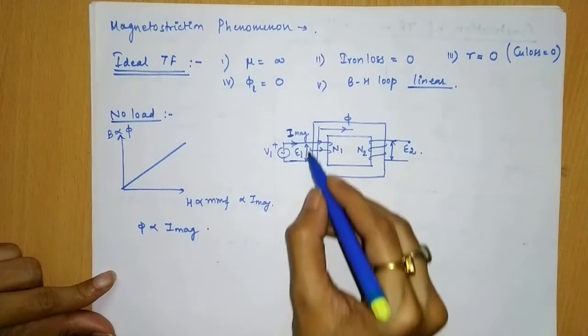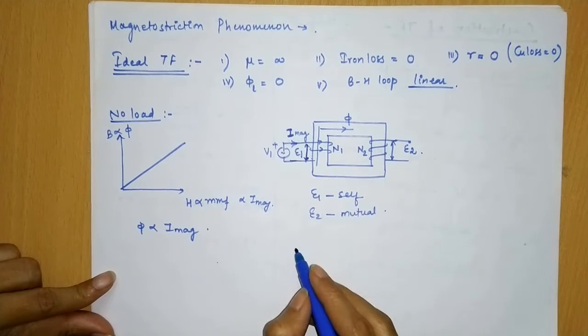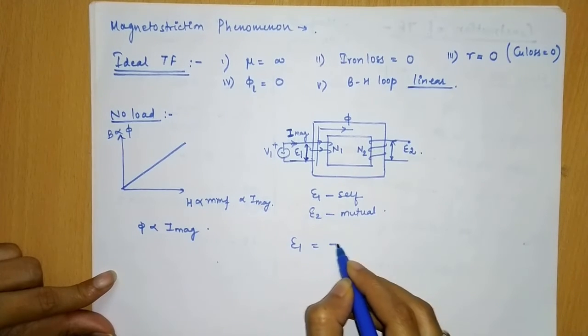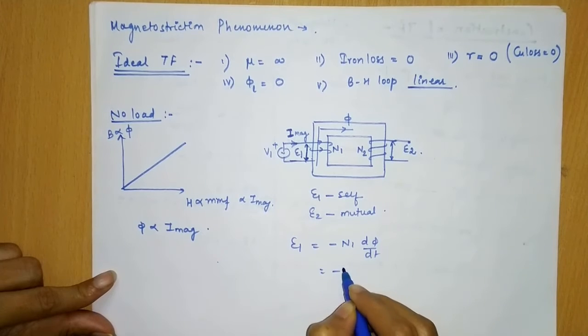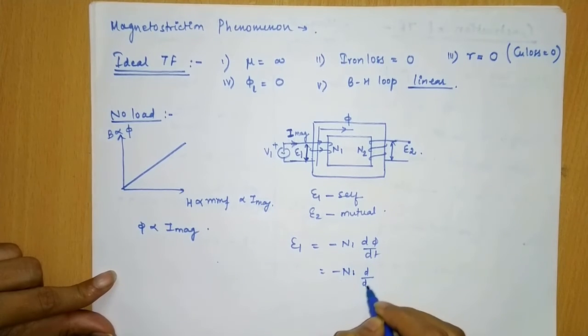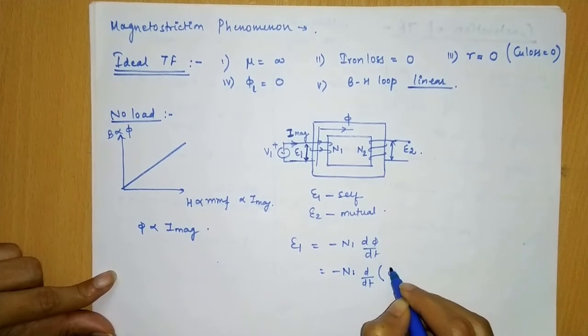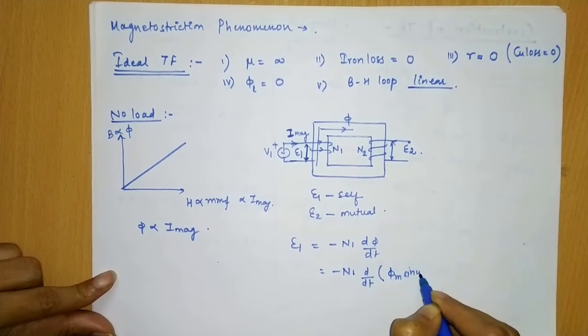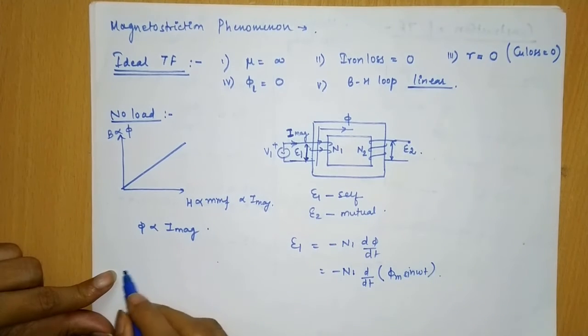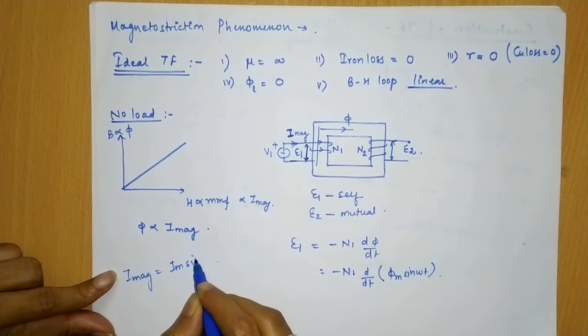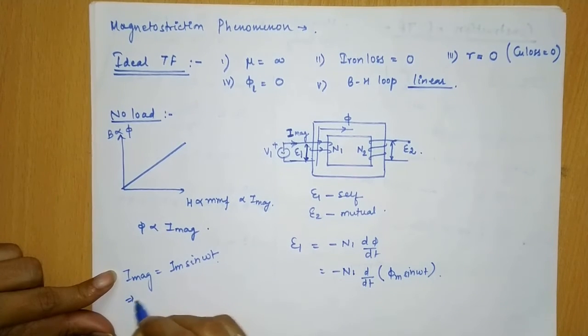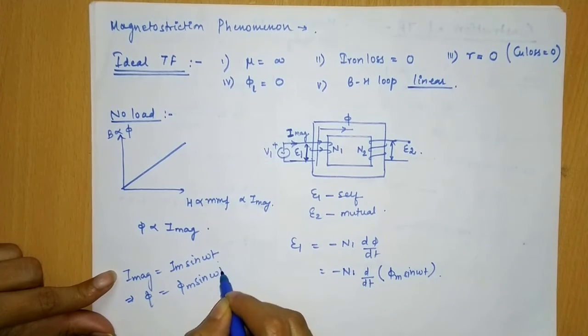Now, primary induced EMF E1 we write as minus N1 d phi by dt, which is equal to minus N1 d by dt of phi m sin omega t, assuming that magnetizing current is equal to Im sin omega t, hence flux will be phi m sin omega t.